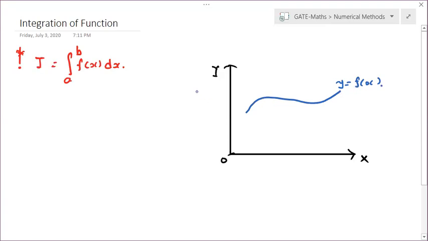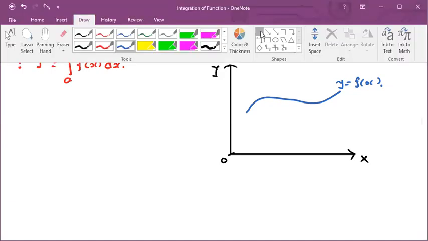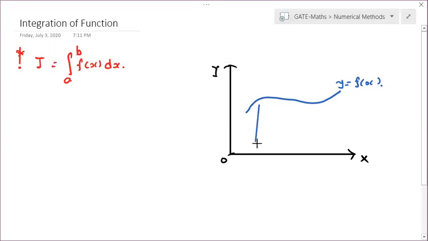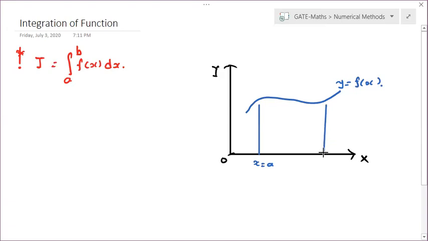So integration a to b f of x dx, right? Suppose I am taking this value on x-axis, it is x equal to a. And if I extend this above till this point, in the same way, this is x equal to b.